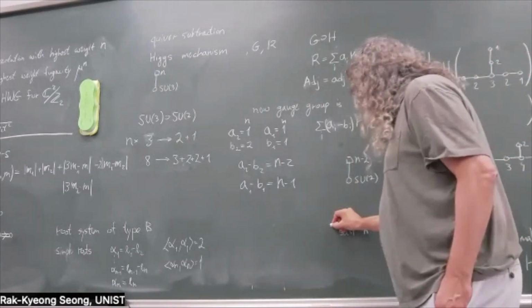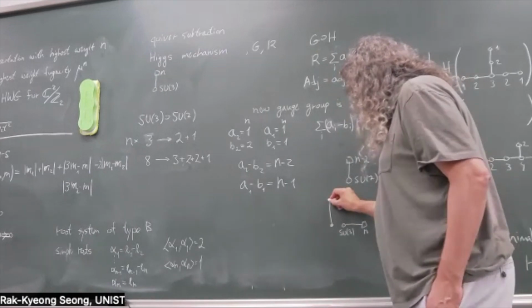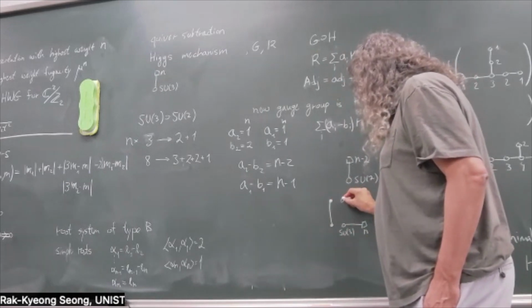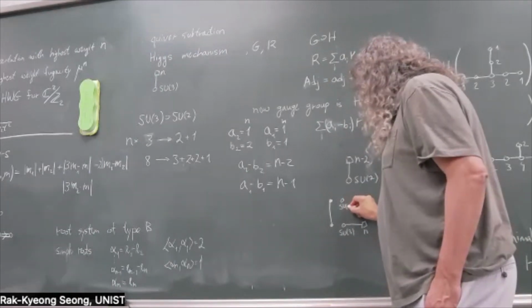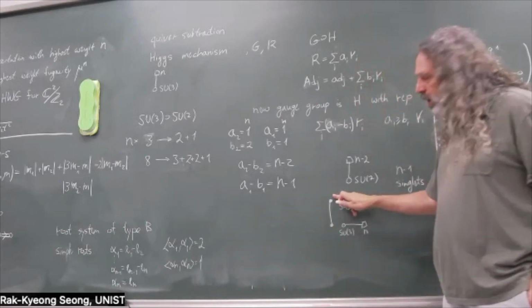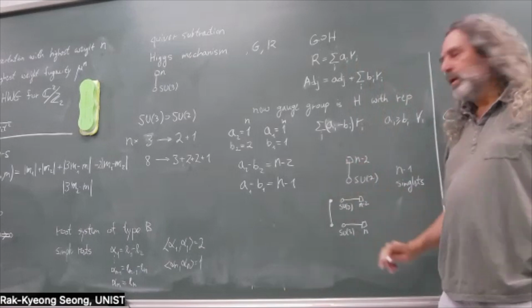And I break it to another phase where now the phase is SU2 with n minus 2. And to move from here to here, I require n minus 1 dimensional moduli.